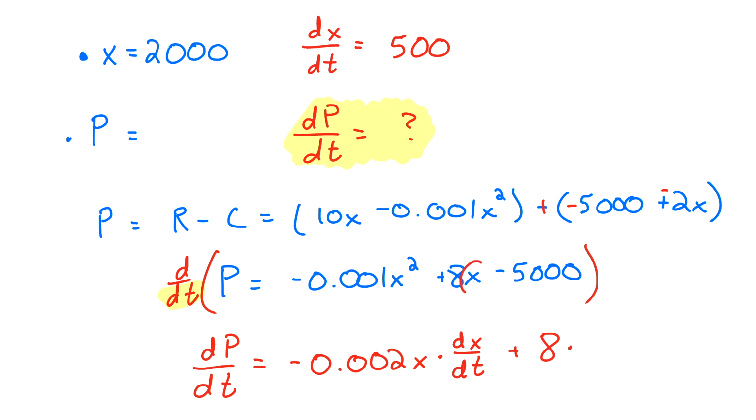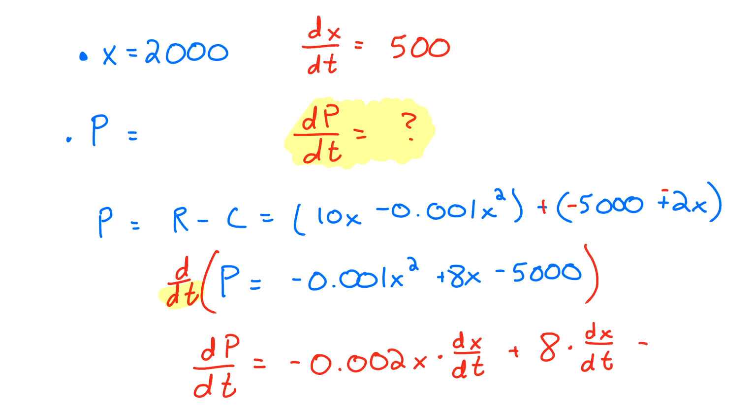plus the derivative of 8x should just leave me with a constant of 8. But again, here I took the derivative of x with respect to time t, which means I need to use implicit differentiation. So even though this x disappears when I take its derivative, I'm still taking the derivative of that x, so I need to multiply by dx over dt.